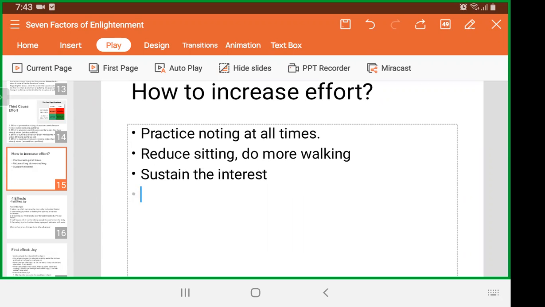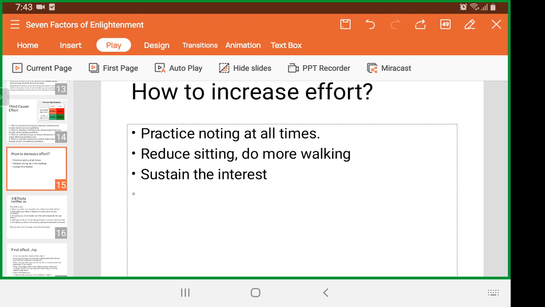Or when we have the mental factor of hatred, aversion that has already arisen, then we'll put in the effort to abandon it, to make it fall off, letting go of the aversion.